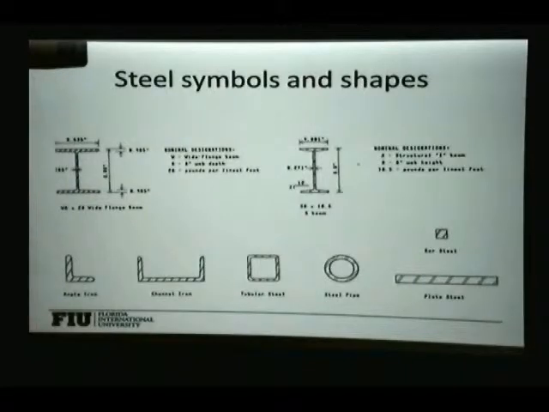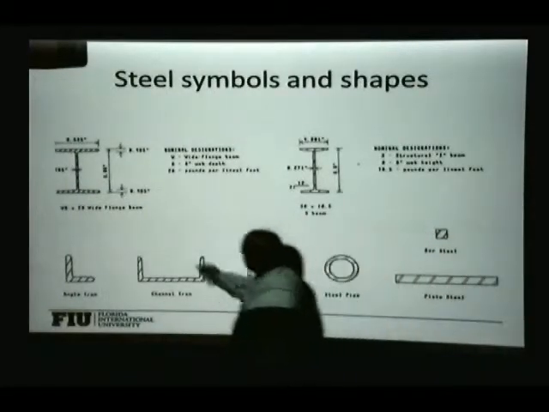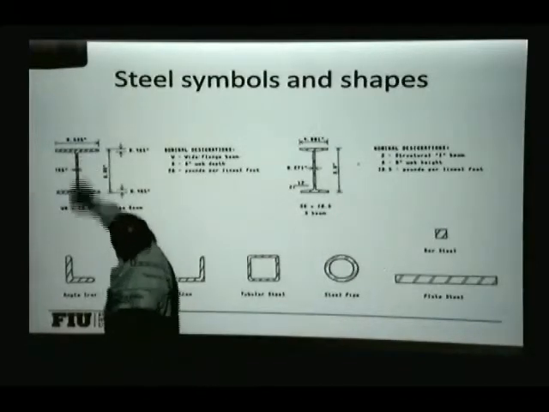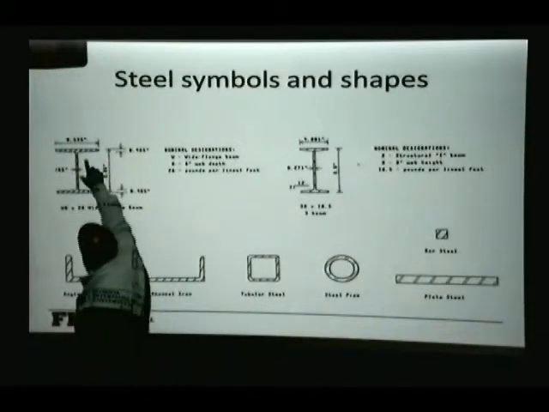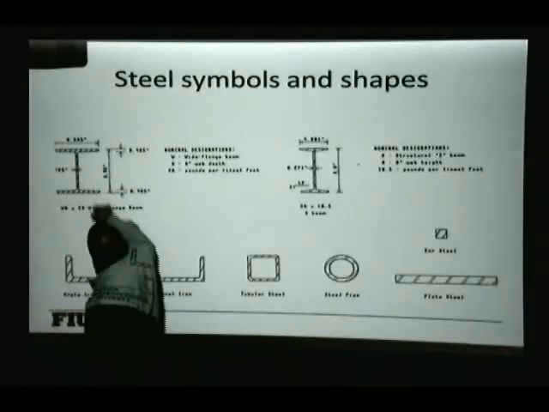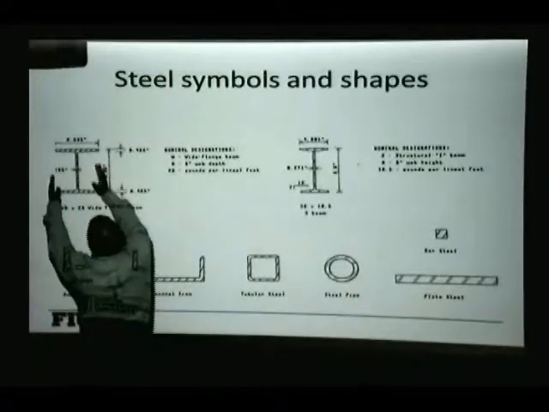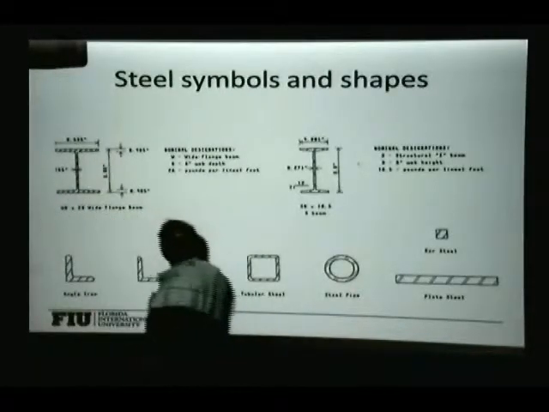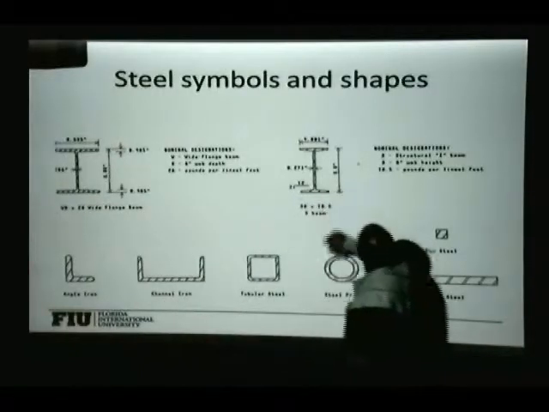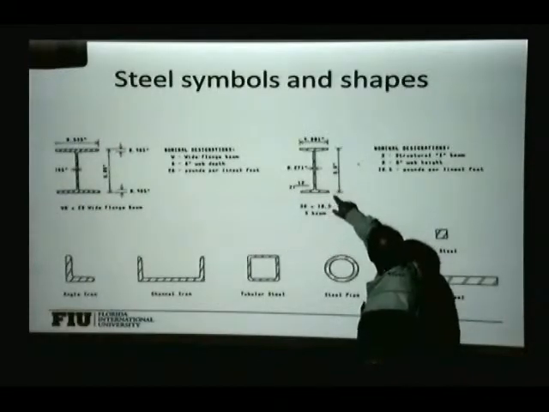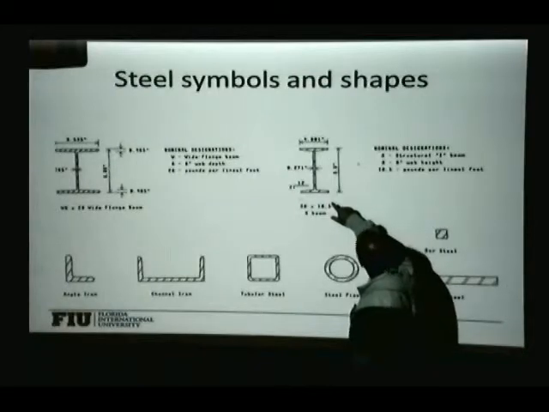Here are some of the shapes for the different elements. So we have the wide flange. It looks something like this, like a big H. So that tells you the size and then the wall thickness. This is a structural beam.